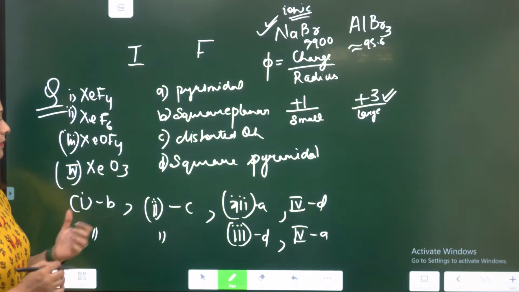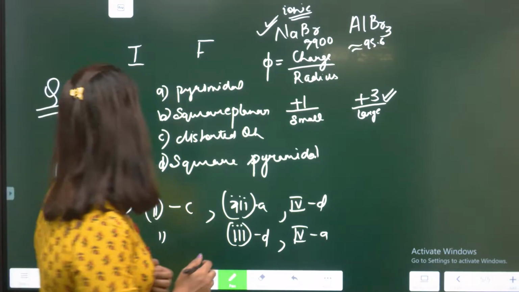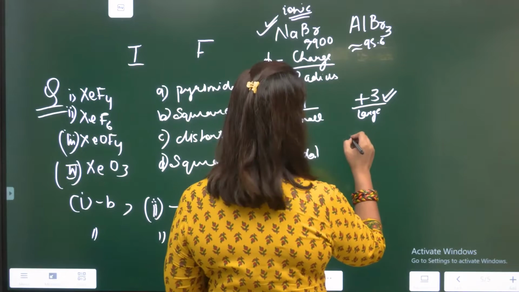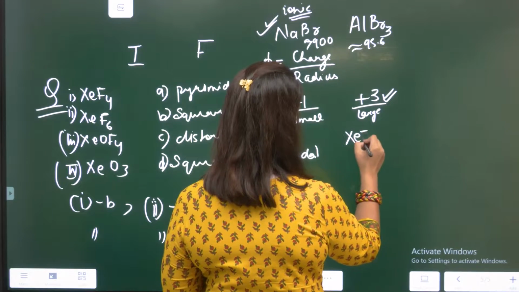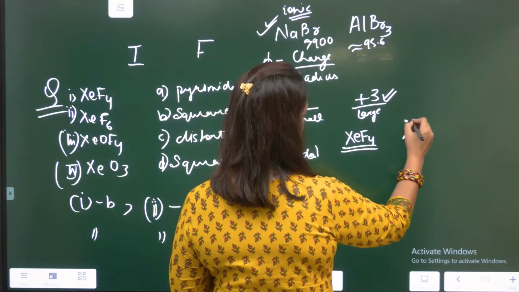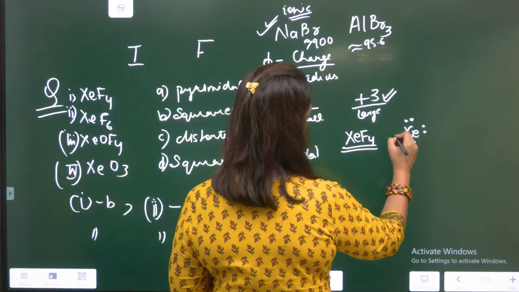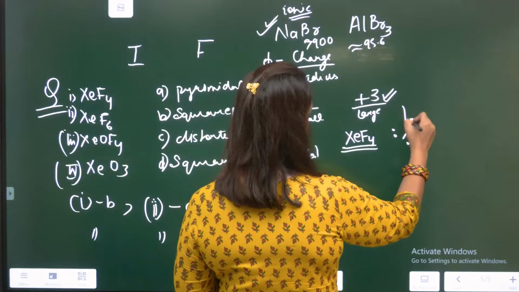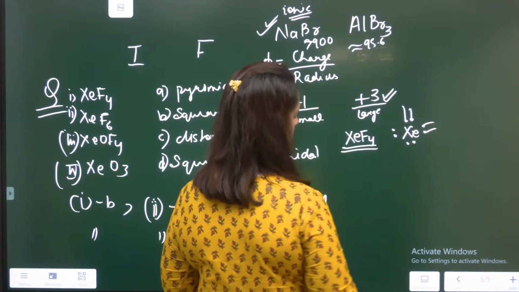So 1 is B. Let's see, one by one. XeF4. Xenon has 8 electrons in its outermost orbit. 4 are involved in bonding and 2 sets of lone pair.